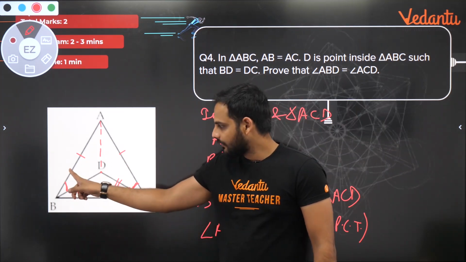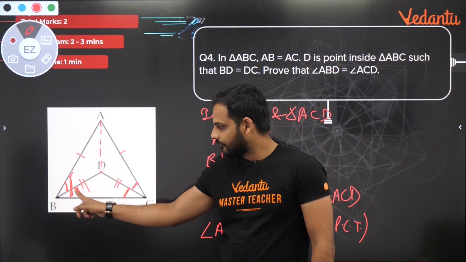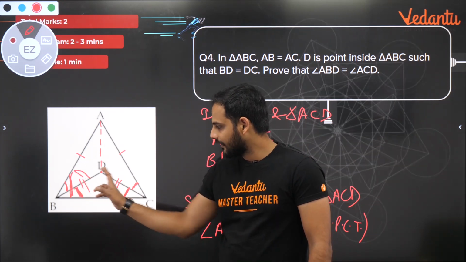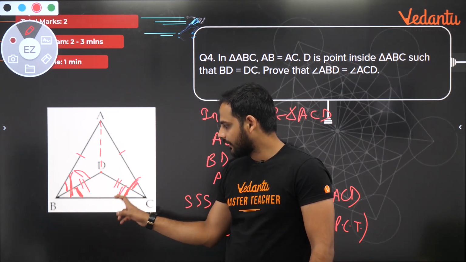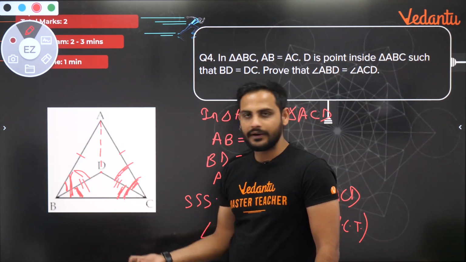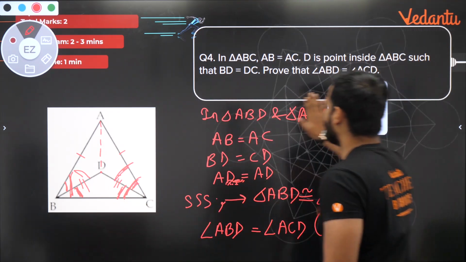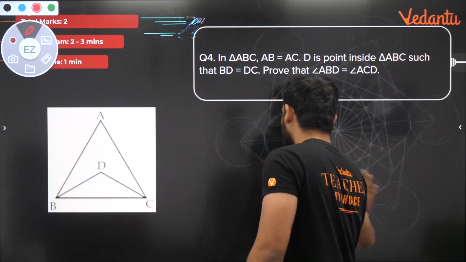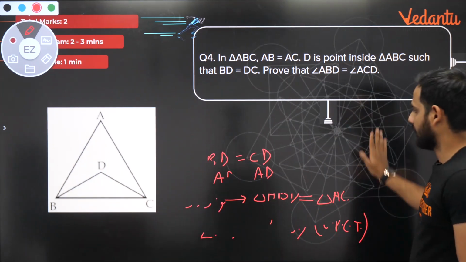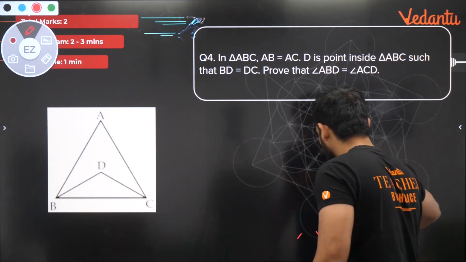Subtract this from the whole angle, and you'll be left with this part. So you can also solve it using the isosceles triangle property.